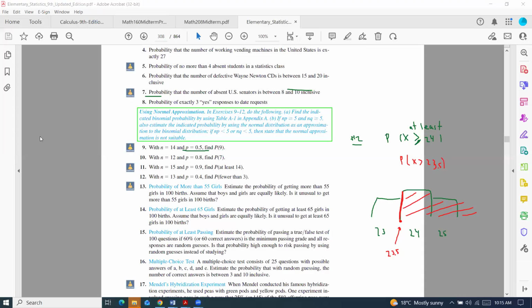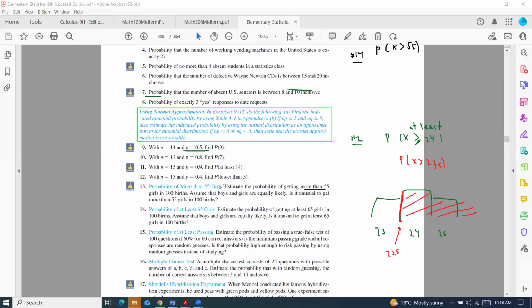So, okay, I'll start with exercise 14. That talks about finding the probability of getting more than 55. So X is greater, no equal sign, than 55. That's what they want.